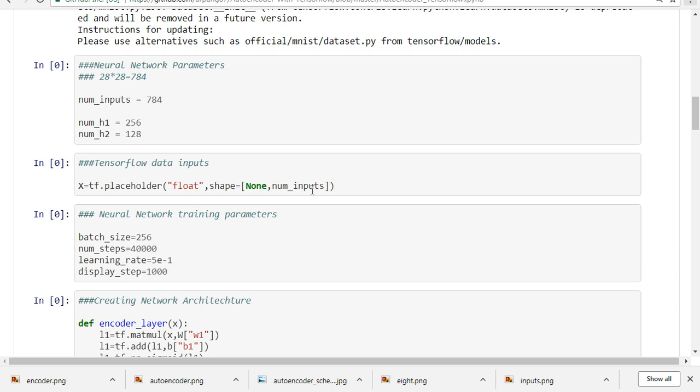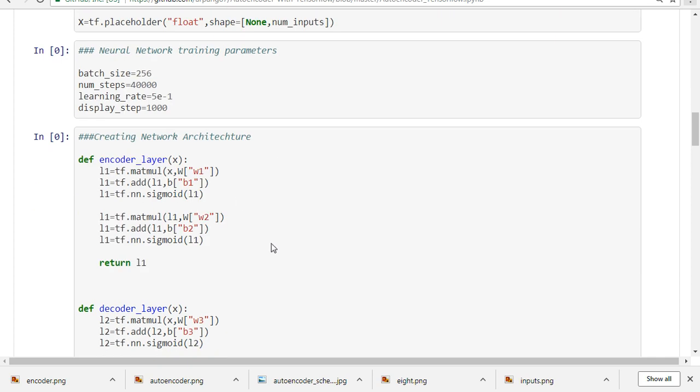In TensorFlow you have to use the placeholder so that you can use it further. Now you have the batch size, which is the number of images which you want to use to train the model in a single go, and you will be using the number of steps, like 40,000, for the training.